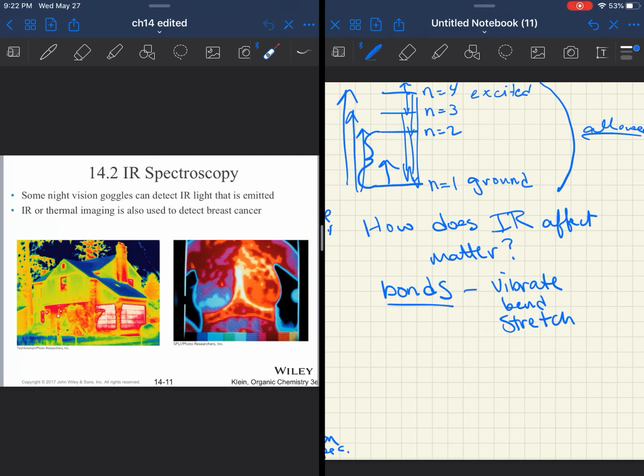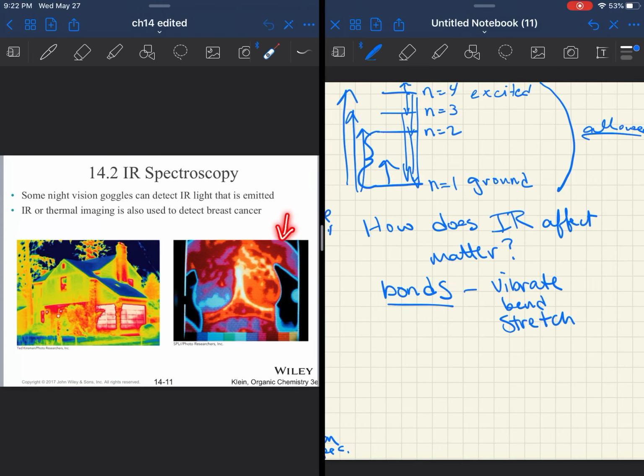So over the day, these trees and this house, the windows, the chimney, the roof, all are absorbing that infrared radiation all day. And then as night comes and all of the bonds and all of that material start to relax, they start to emit infrared radiation. And so a night vision goggle can detect that IR and create a contrast map between things that are more or less hot.